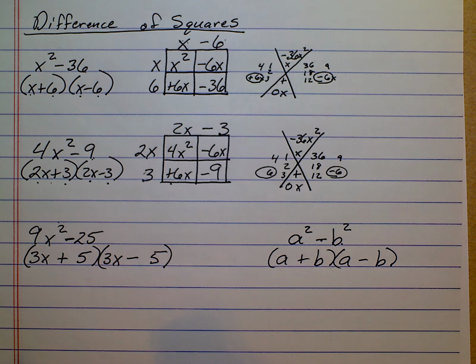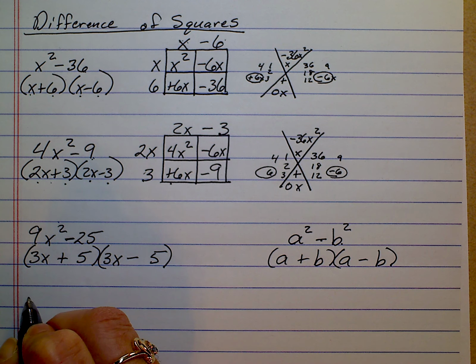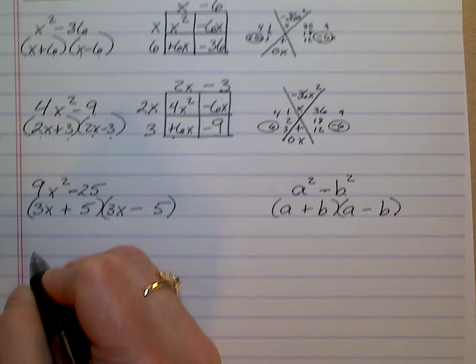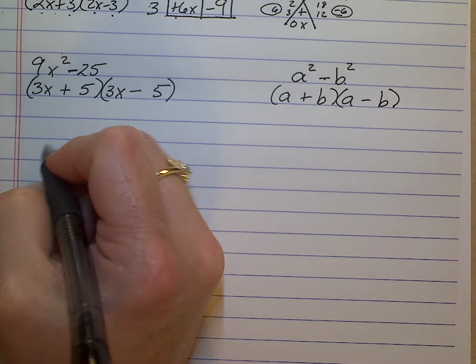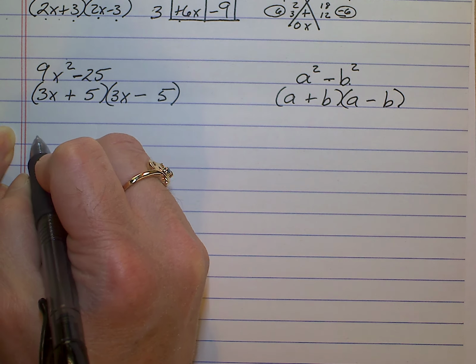Now, not everybody remembers their perfect squares. I'm going to go ahead and list them here. If you need more practice with this, I'm going to give you a Quizlet that will have all the perfect squares in there that you can just practice, okay? So, let's just do that real quick. I want to list them out, and that might be all you need.